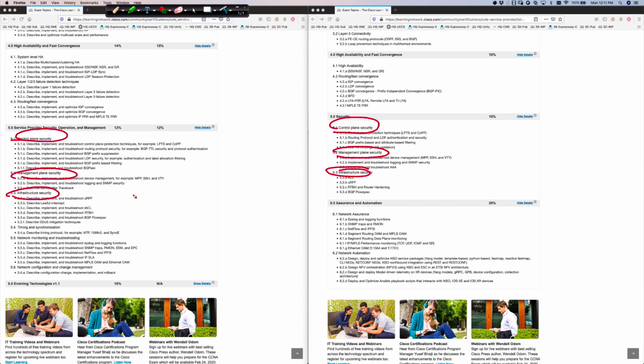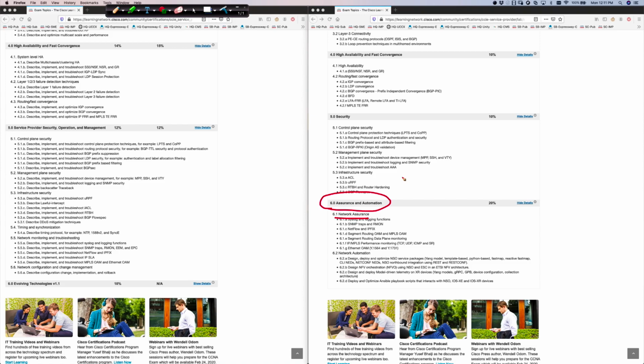However, the major change came in domain number 6, which is assurance and automation. This was the major change in the new blueprint. This earlier wasn't there in the older blueprint, where we now have network assurance, where they could ask you about syslogs, SNMP, NetFlow, segment routing, in fact segment routing data plane monitoring, and even MPLS performance monitoring.